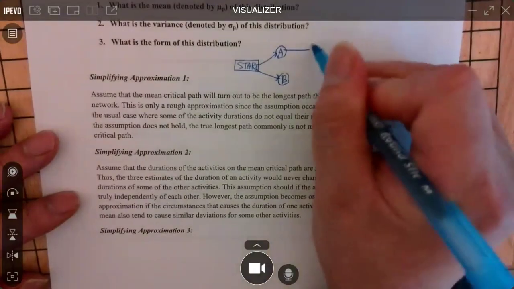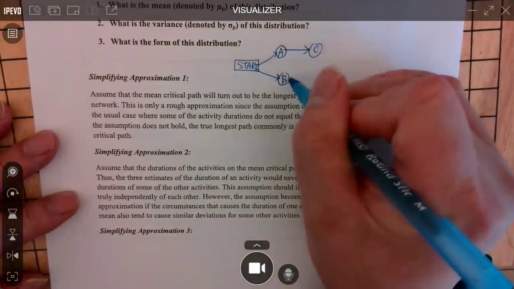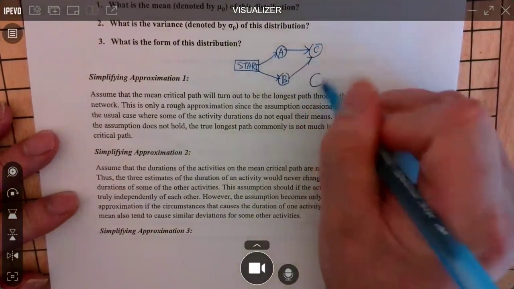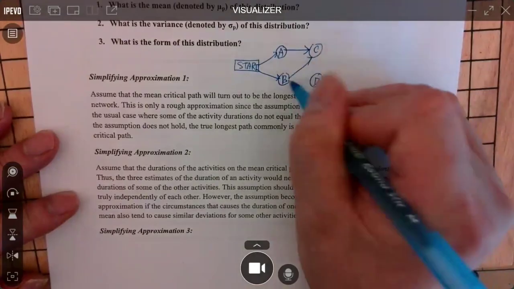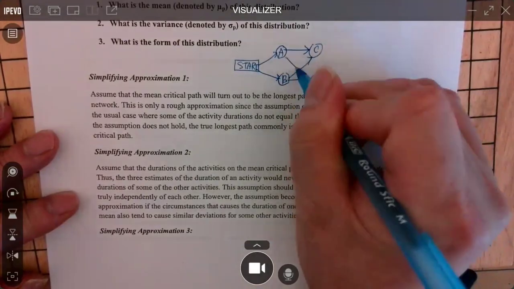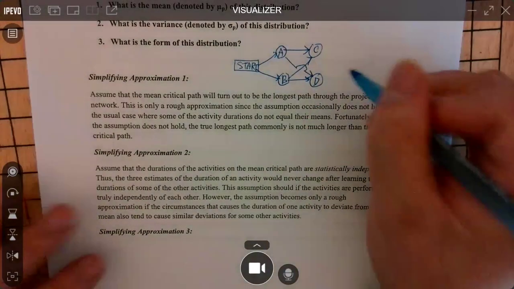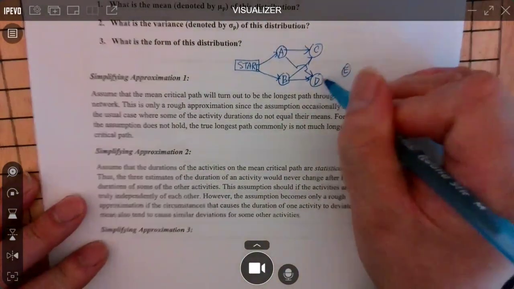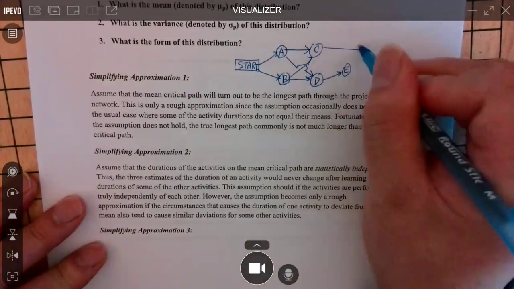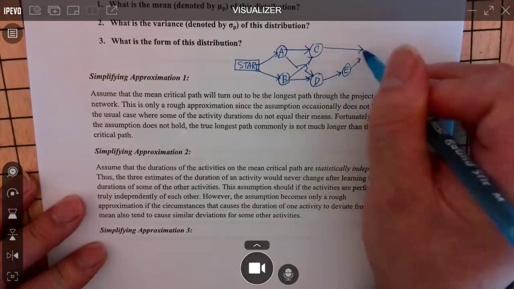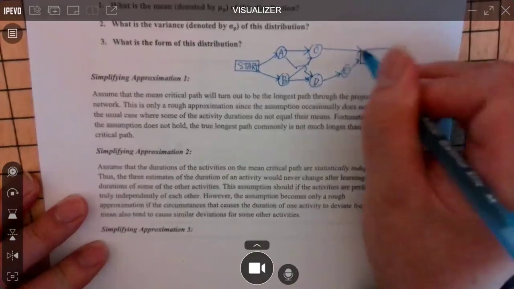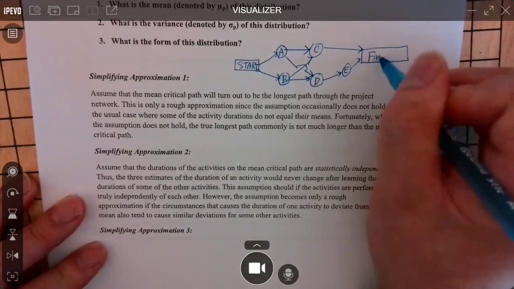And C is right after what? A and B. Same for D. Okay, same for D. And E is right after D. This is a finished node.